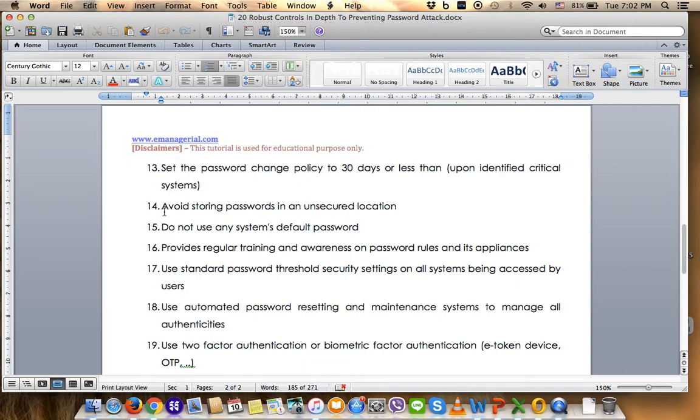The next control is to avoid storing passwords in an unsecure location. This is an area most likely affected by negligent staff, where the custodian did not emphasize the documentation that presents the password, the PIN, or the PIN generation code.